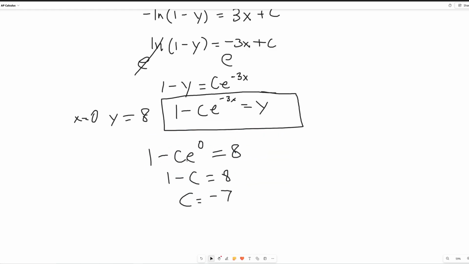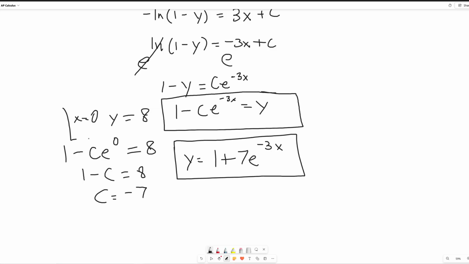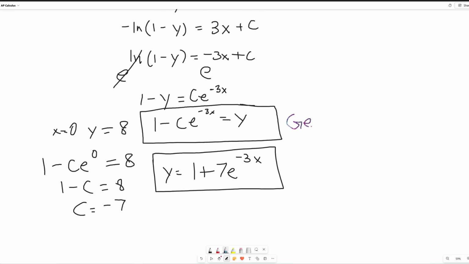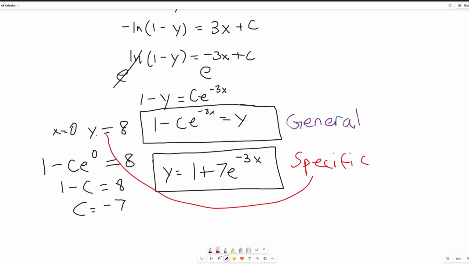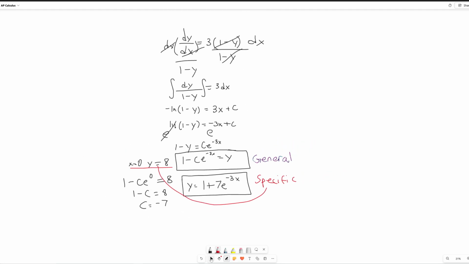So moving this to the side, now we can rewrite it as y equals 1 plus 7e to the negative 3x, and this is our specific solution depending on this initial condition. So I'll reiterate. General solution, specific solution, depending on this.